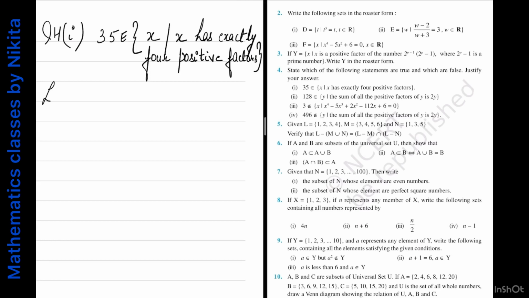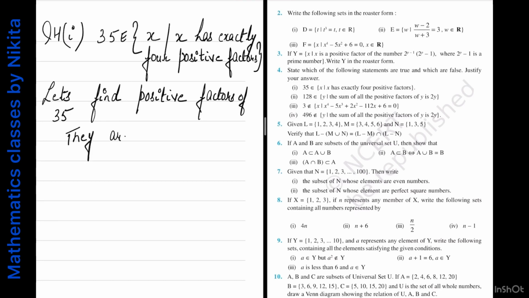So let's find the positive factors of 35. First of all you have the number 1 divides 35.